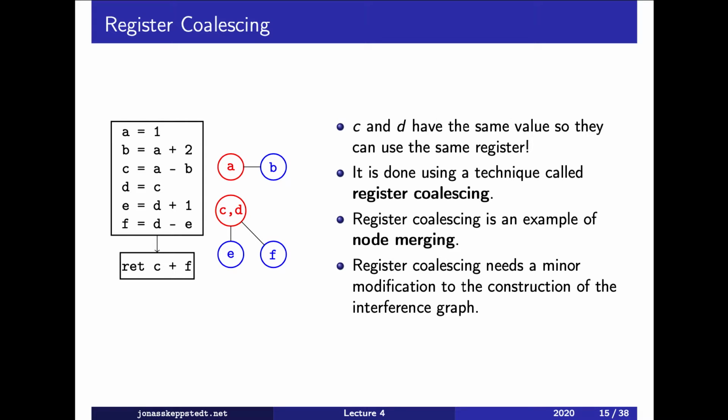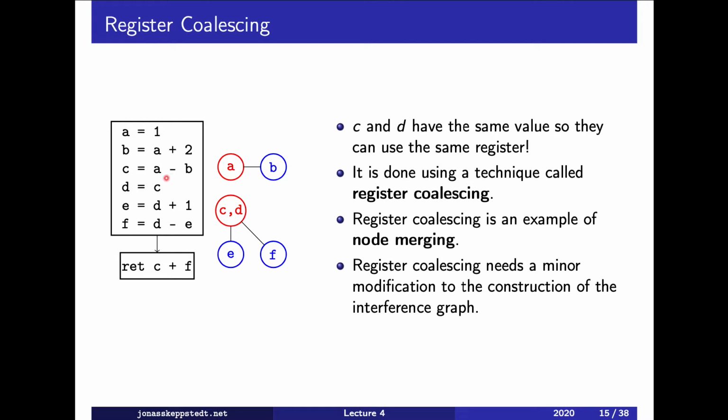So C and D, they can be merged into one. Okay, why? Well, they have the same value. And there is no conflict. Say that one of them would get different values later on and therefore have edges in the interference graph.